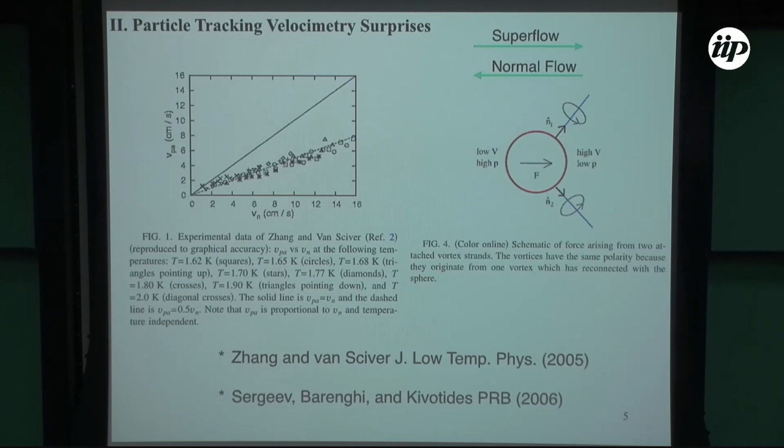Soon after these experimental results, there was a paper by Sergeev, Barenghi and Kivotides in 2006, with a very appealing picture of a particle trapped in a vortex filament. We have strands of vortex filaments here on the downstream position.